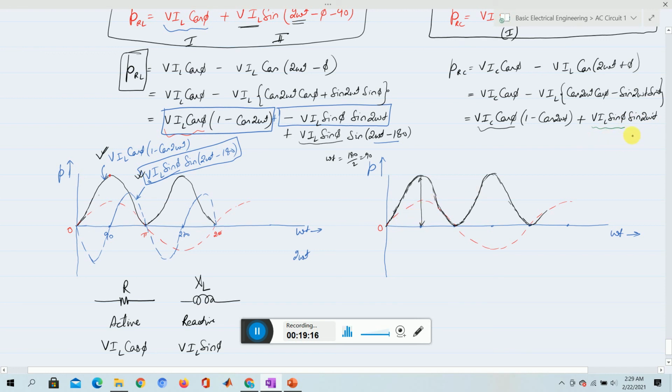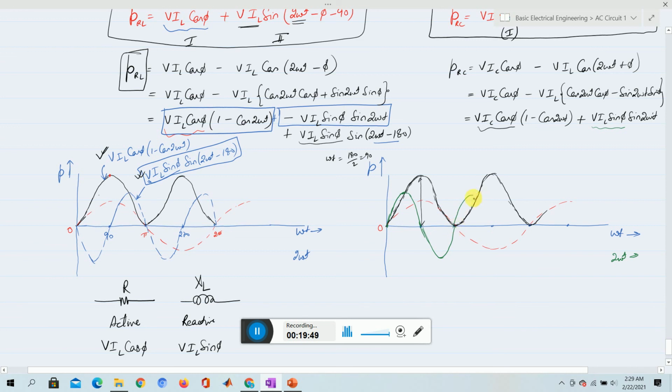Here also it is starting from 0 and has no lag, as in a sine wave. Let us take some value of VIL sine phi so that we can clearly distinguish this, and the frequency will be twice omega t, that is 2 omega t. In that way the number of cycles will be twice the number of cycles of the actual sine wave.